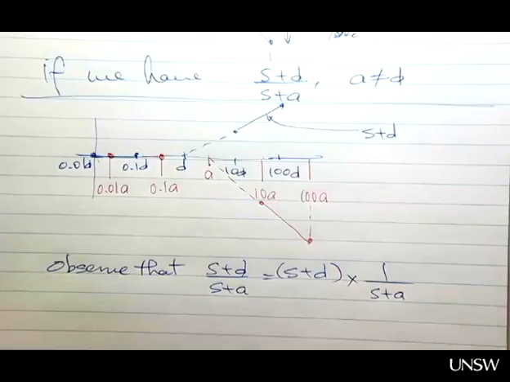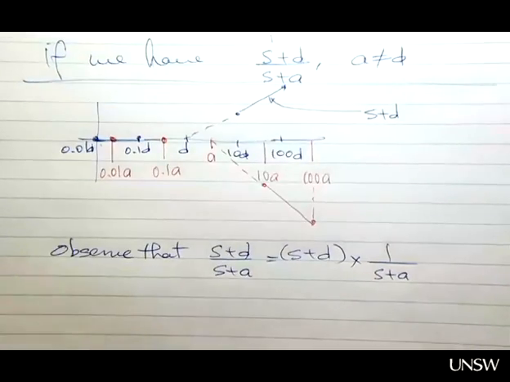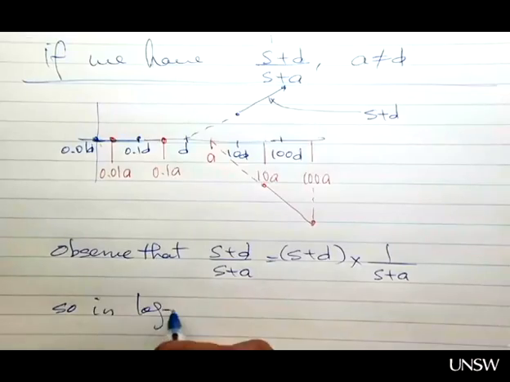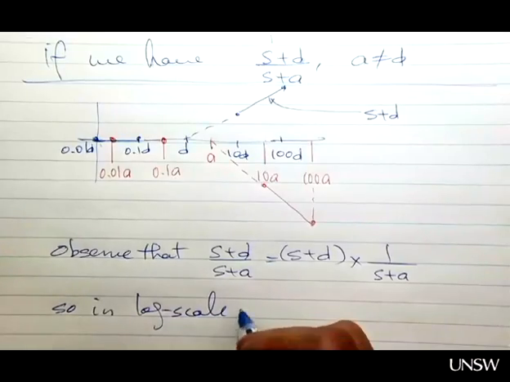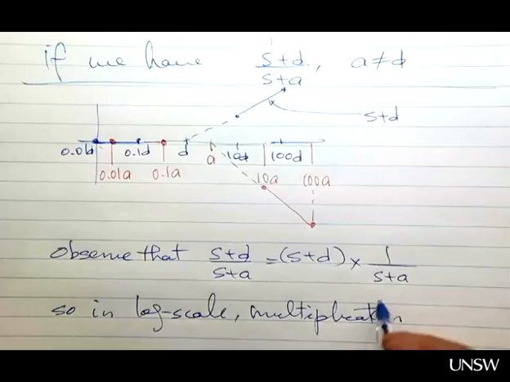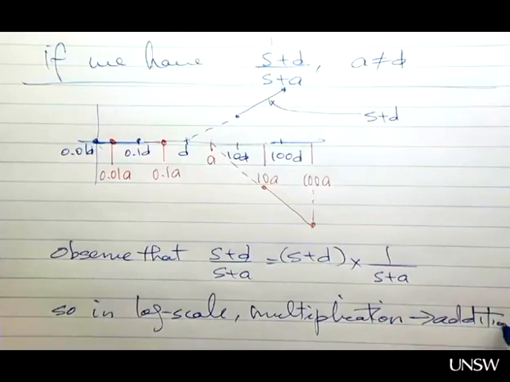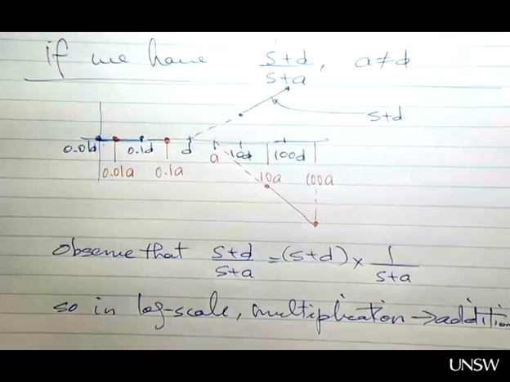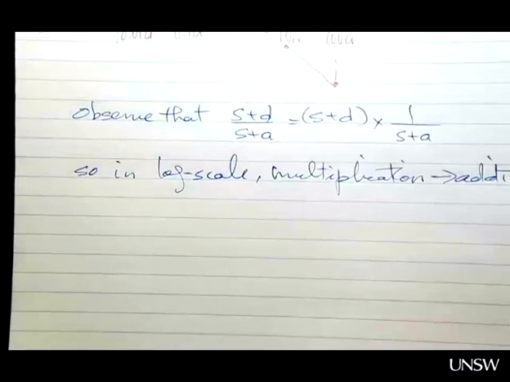So in the logarithm scale, the multiplication becomes addition. Then we do it carefully.